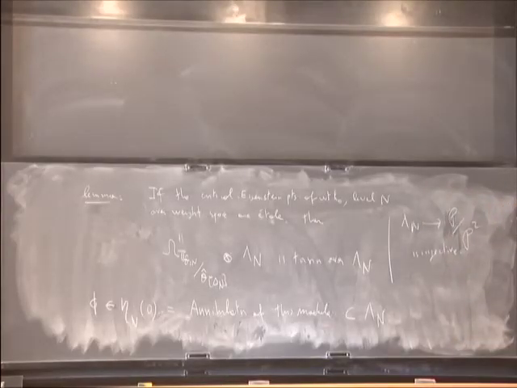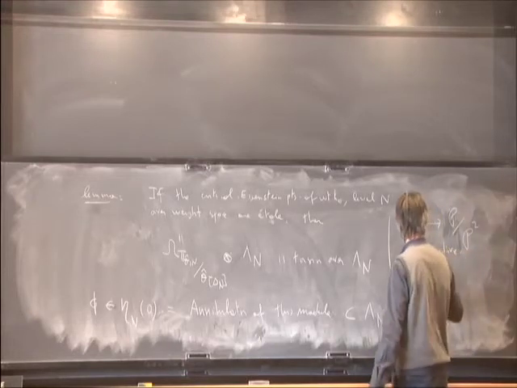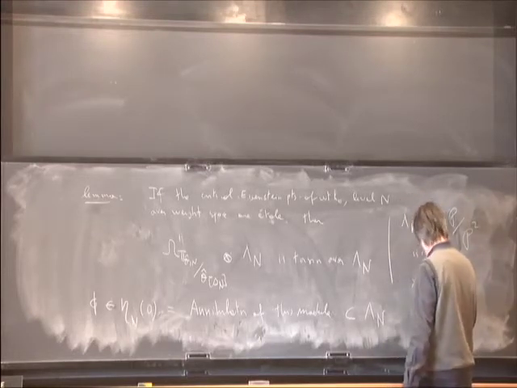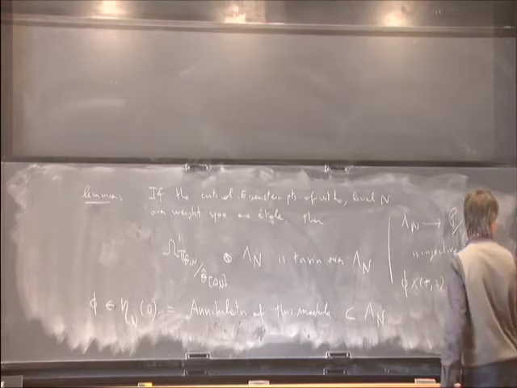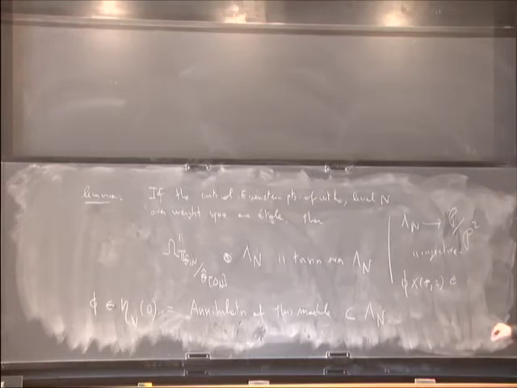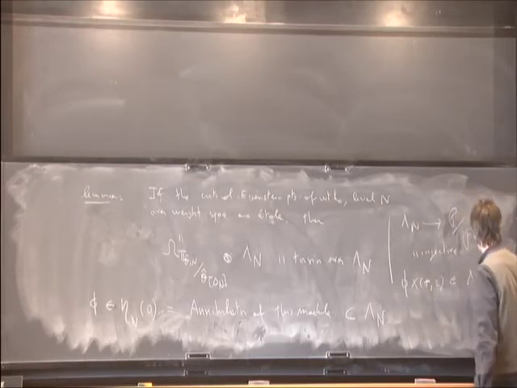So now if you look at your x sigma tau, and you multiply by phi, because it kills this quotient, it should land in the image here. So this element belongs to lambda n.